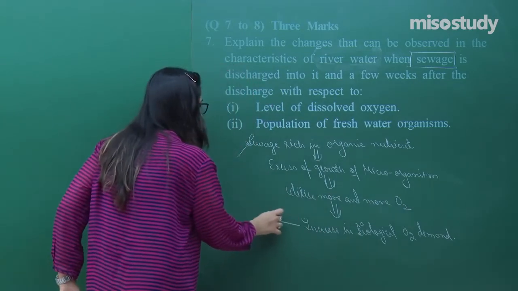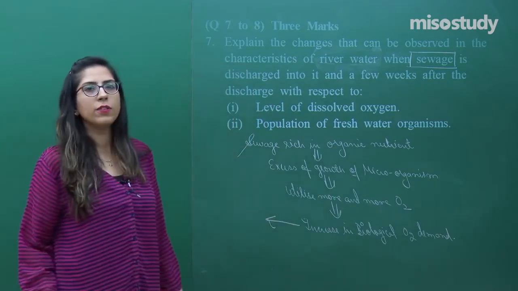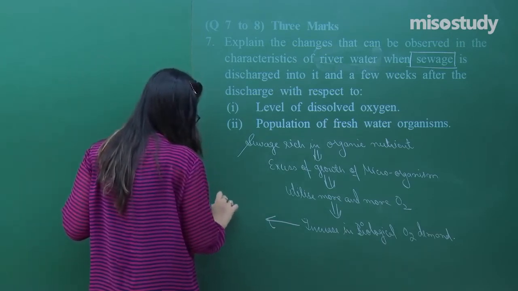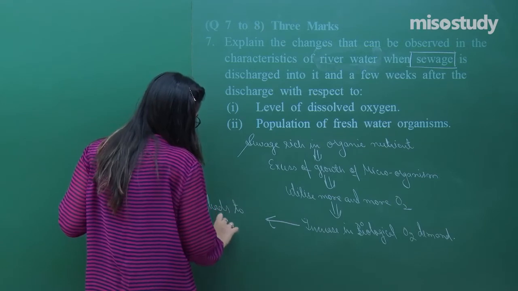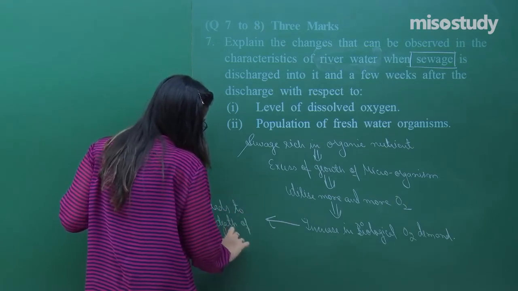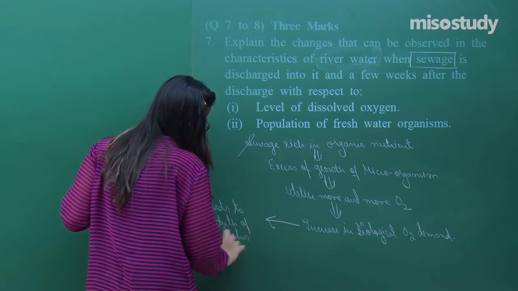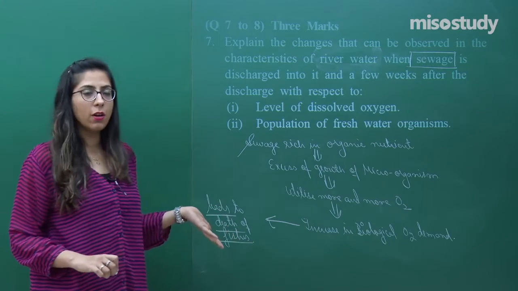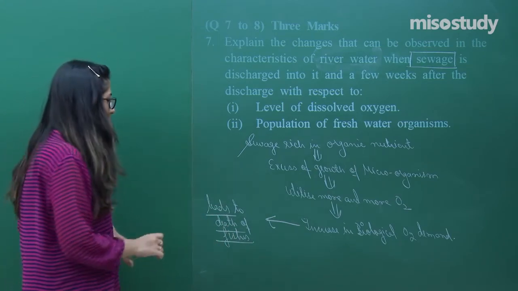Now, this increase in BOD doesn't allow the fishes to grow, so it leads to death of fishes. Why? Because they are not getting enough amount of dissolved oxygen.